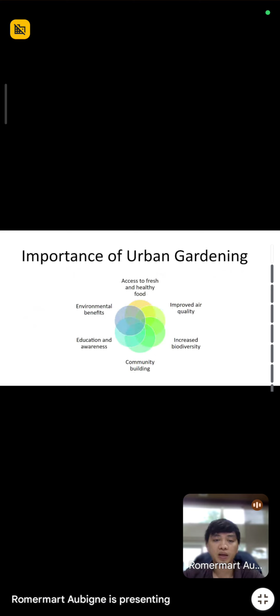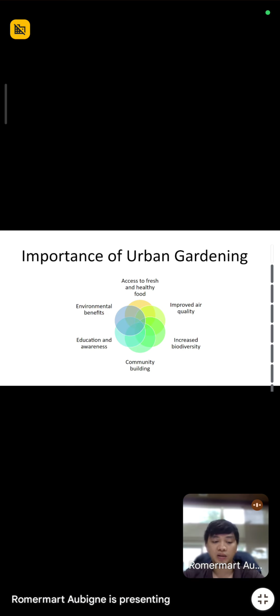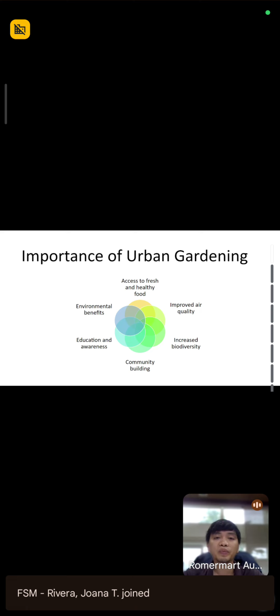For community building, urban gardens can bring people together, promote social interaction, and build a sense of community. Then we also have education and awareness. Urban gardening can help to educate people about where their food comes from, how to grow it, and the importance of sustainable agriculture. Then the environmental benefits.